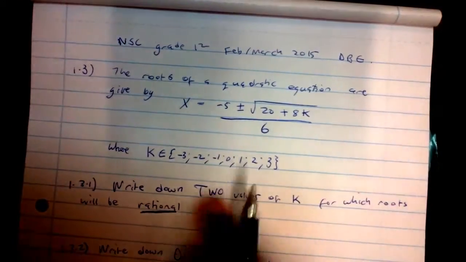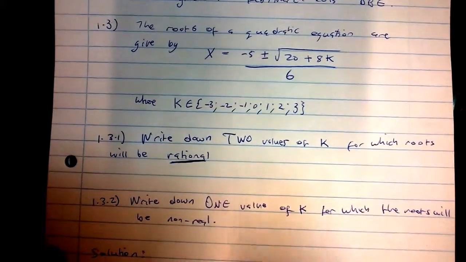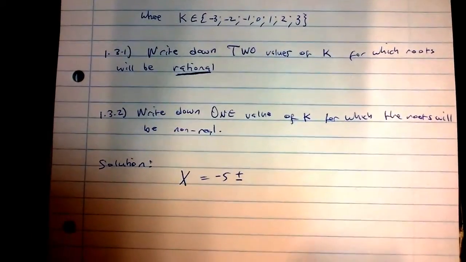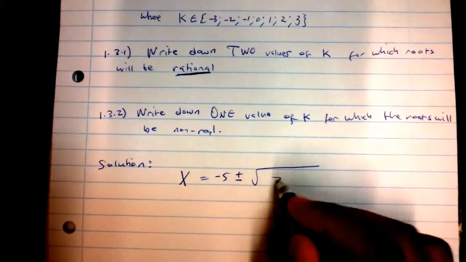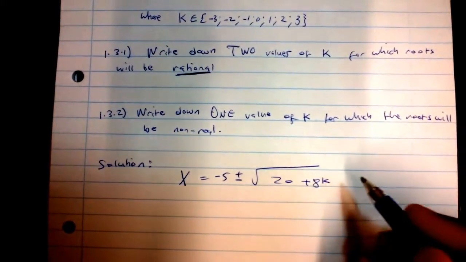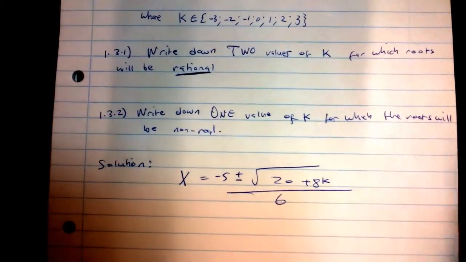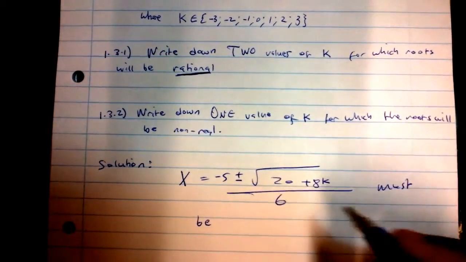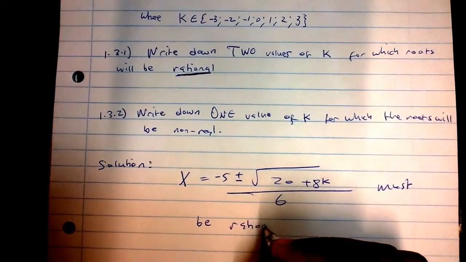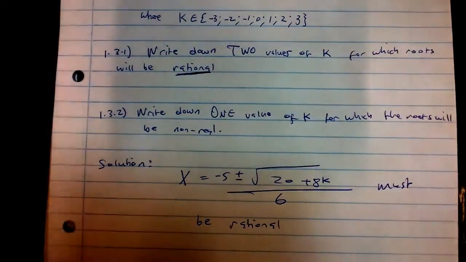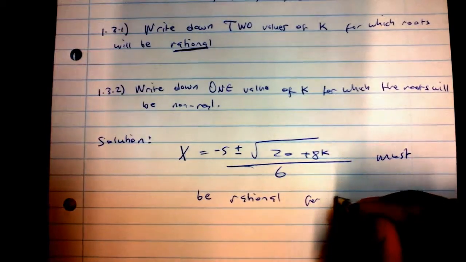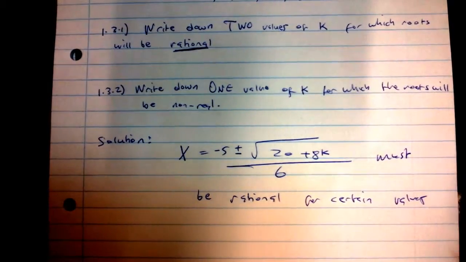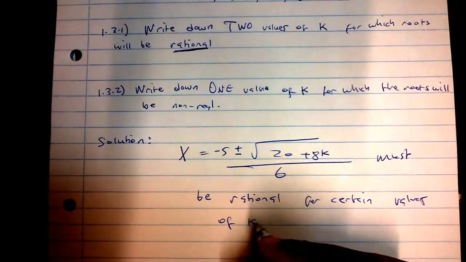It means, in order for this whole thing to work, that x equals -5 plus minus root of 20 plus 8k over 6 must be rational for certain values of k.